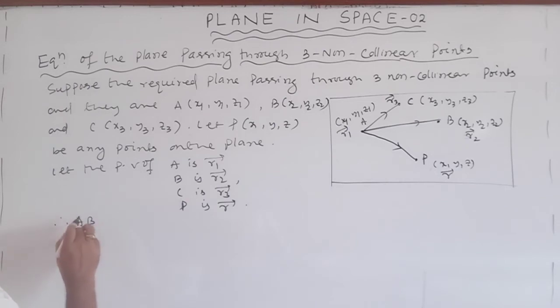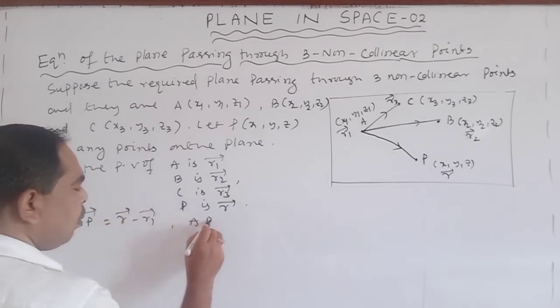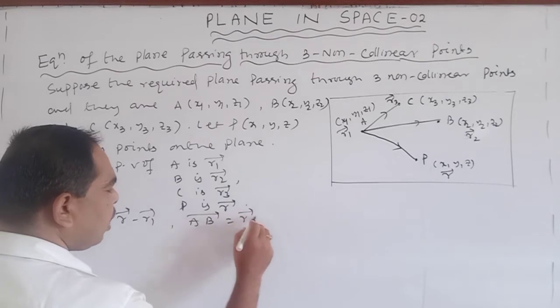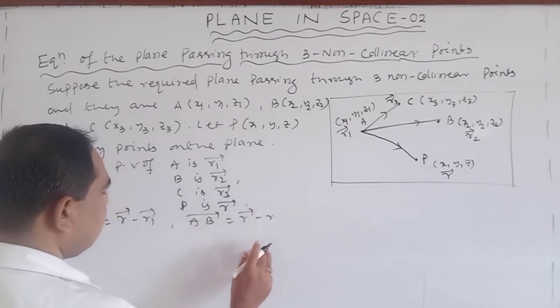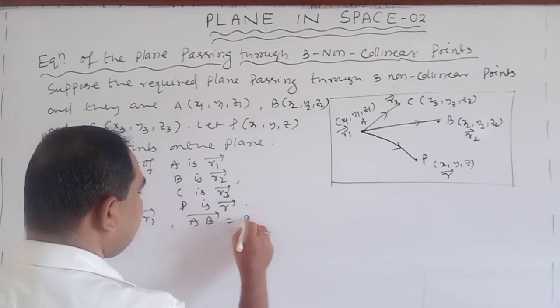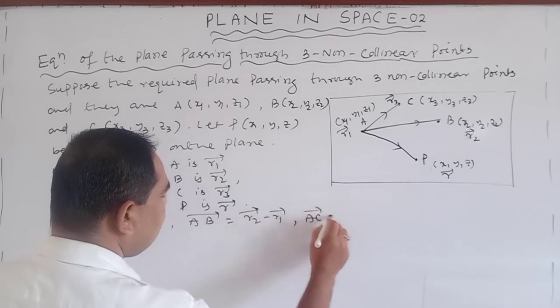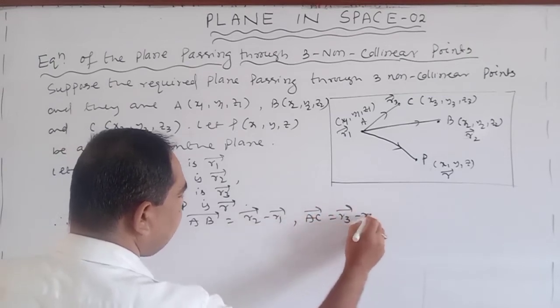Therefore AP vector is equal to r vector minus r1 vector. AB vector is equal to r2 vector minus r1 vector. AC vector is equal to r3 vector minus r1 vector.